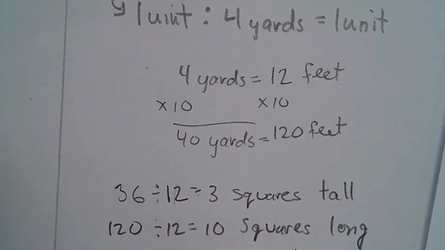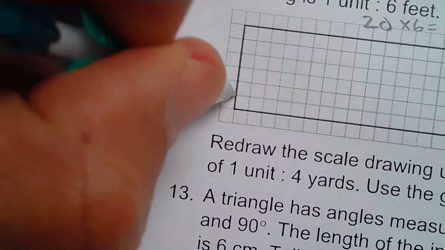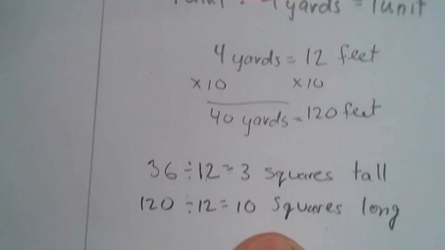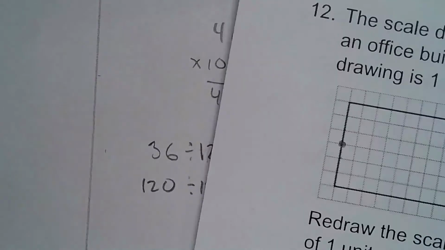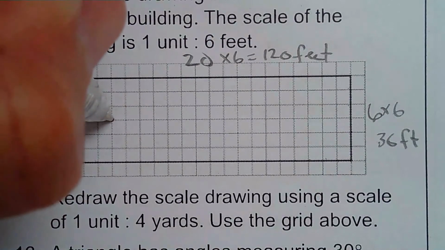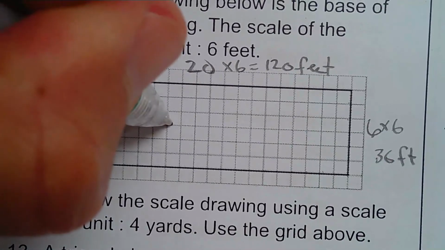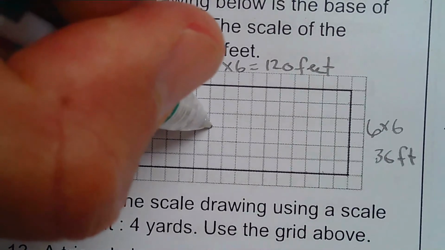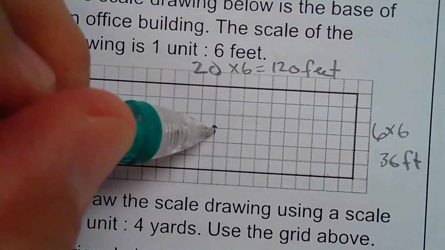So it'd be 3 tall, 1, 2, 3, and 10 squares long. 1, 2, 3, 4, 5, 6, 7, 8, 9, 10 right there.